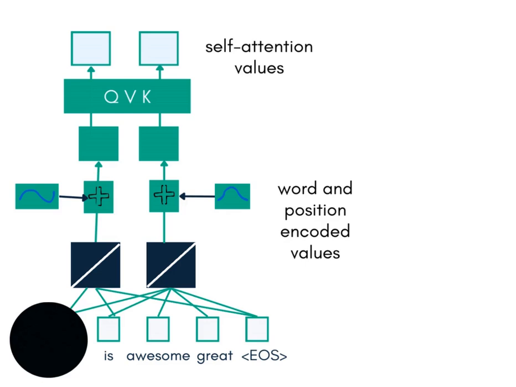Okay, so then let's start with the self-attention part of it. So here, "pizza is awesome, great." This is the sentence that works as an input to the encoder part of the transformer.